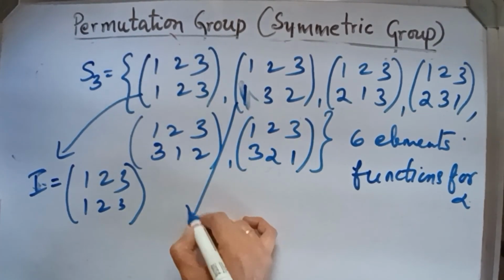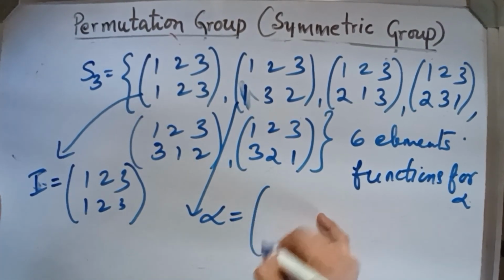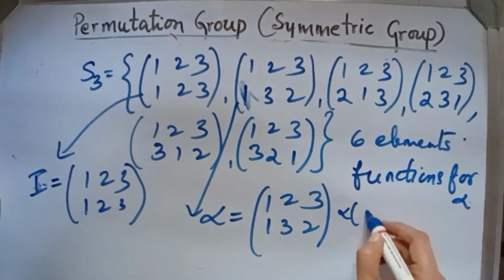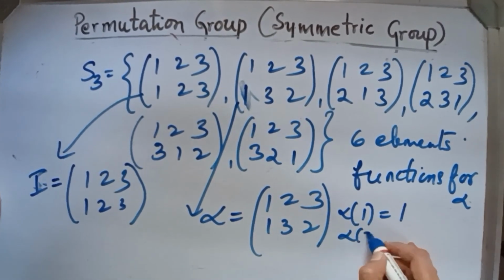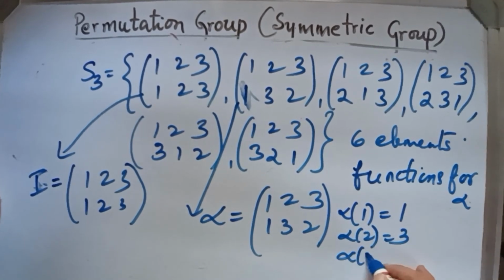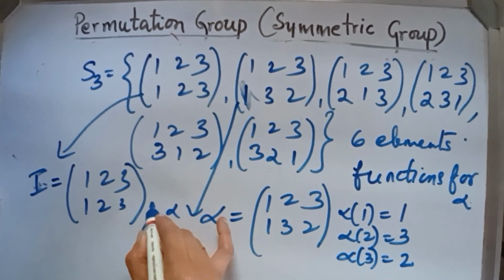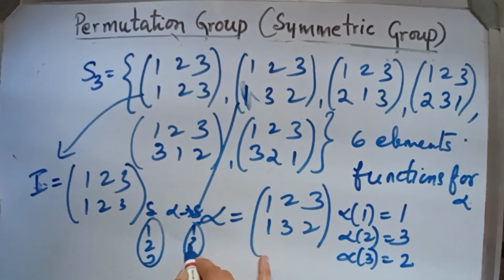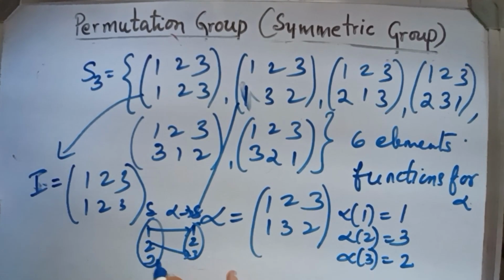This permutation let me name as alpha. Alpha equals (1 2 3; 1 3 2). This means alpha of 1 equals 1, alpha of 2 equals 3, alpha of 3 equals 2. The name of that function is alpha. From S to S there is a function where 1 goes to 1, 2 goes to 3, 3 goes to 2.